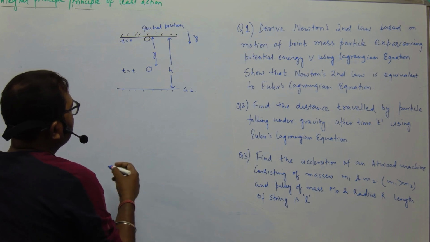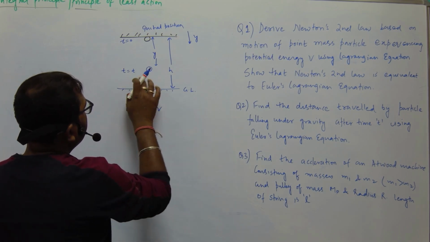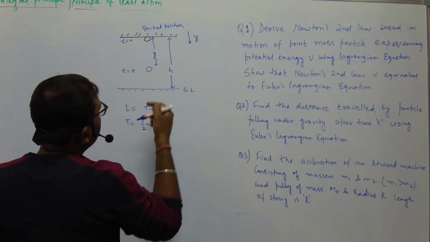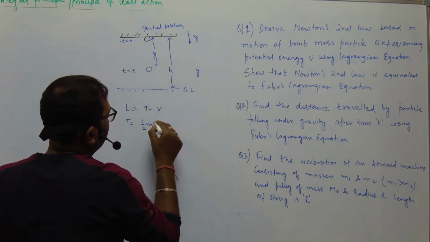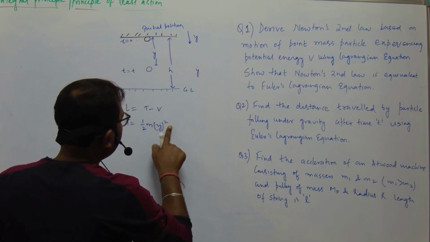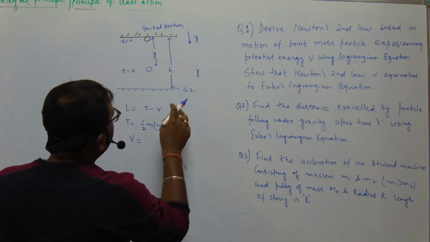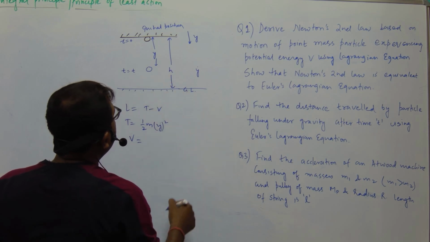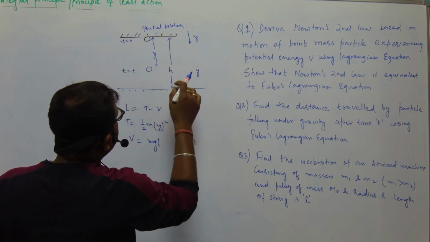So we have Lagrangian as T minus V. T is the kinetic energy. What is the kinetic energy at time t? Half m into v square. Velocity along this direction will be y dot, so y dot square, minus the potential energy. What will be the value of V? The potential energy, we are taking reference from here, will be m times g times this distance. This distance is h minus y.